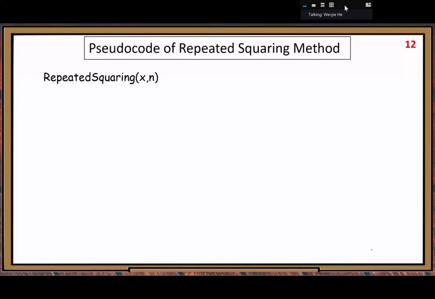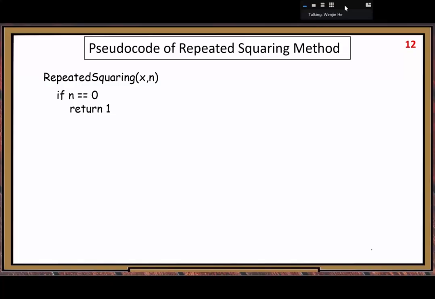Okay, recursion. When we start, we check the simplest two cases: n equals 0, n equals 1. Two base cases. For base cases, we can return the result immediately. So n equals 0, return 1.